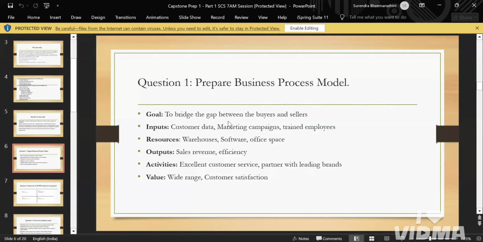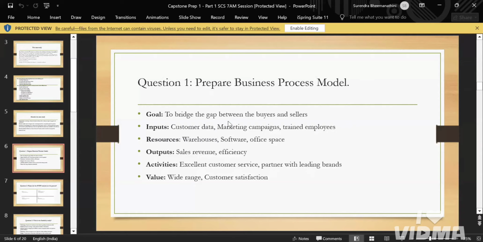By doing this project, we need to tell about the value created, and customer satisfaction is the main part of this. By using these six parts, you can write down the business process model. This is the first question you need to complete.